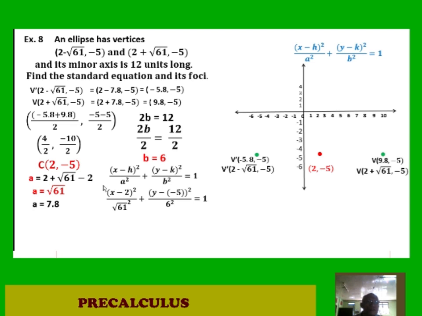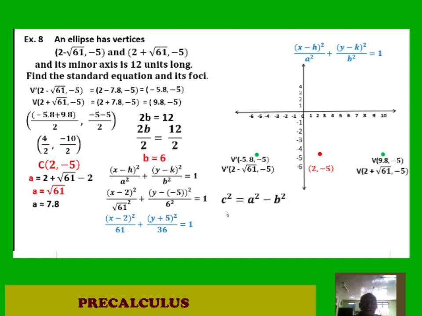Okay, so x minus 2, k is -5, a is square root of 61, and b is 6. Simplify further. So this is our standard equation of the ellipse.